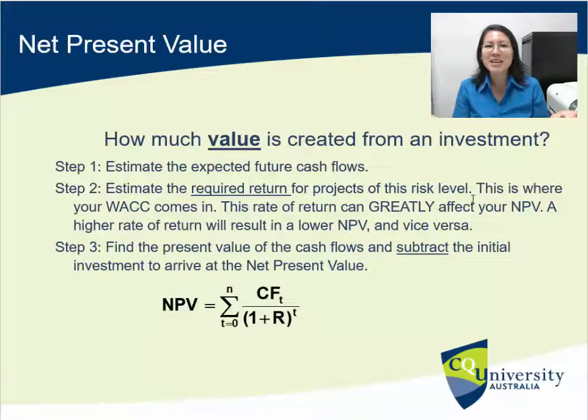What was happening was some managers had figured out that if they used a lower discount rate, or lower required return rate, or weighted average cost of capital, their net present value was higher. So they started to manipulate their capital investments.